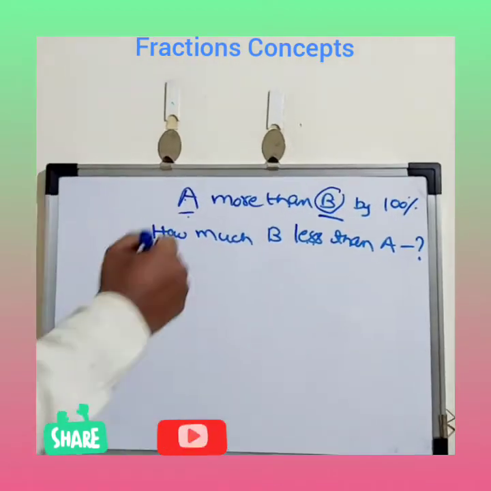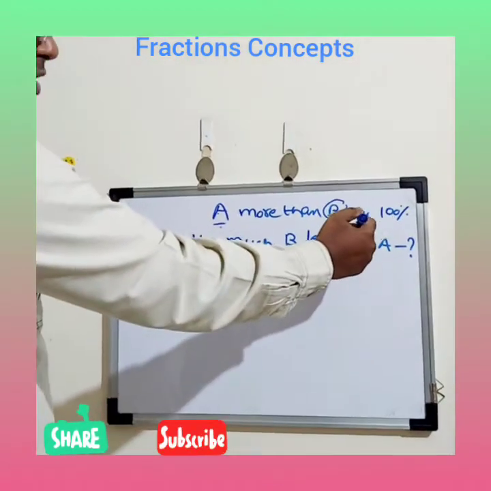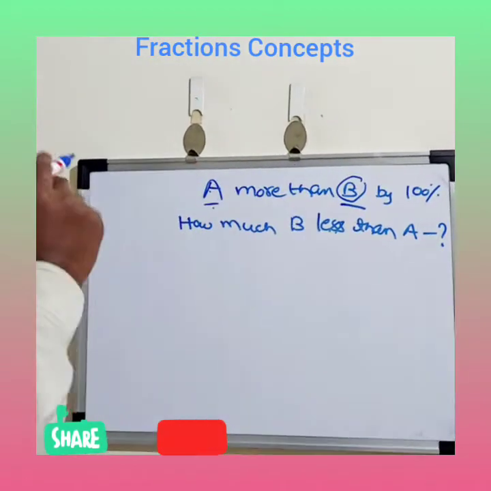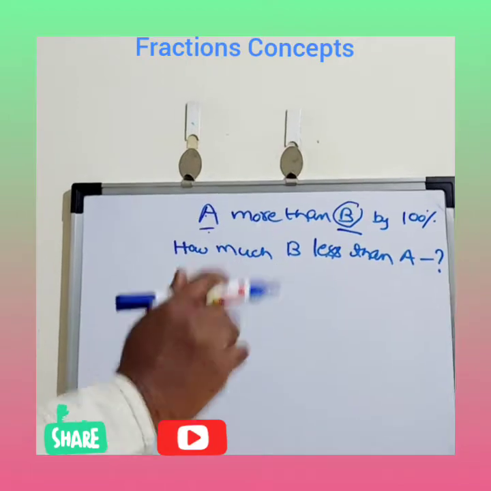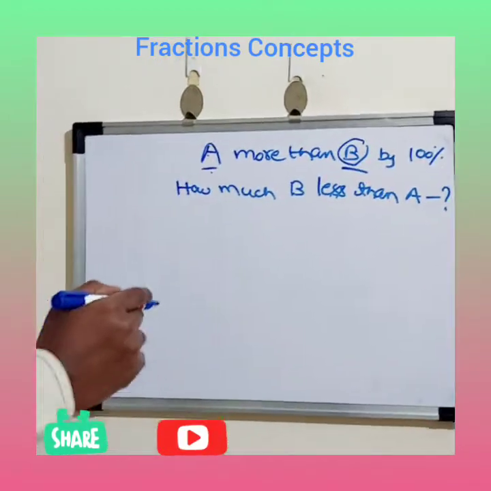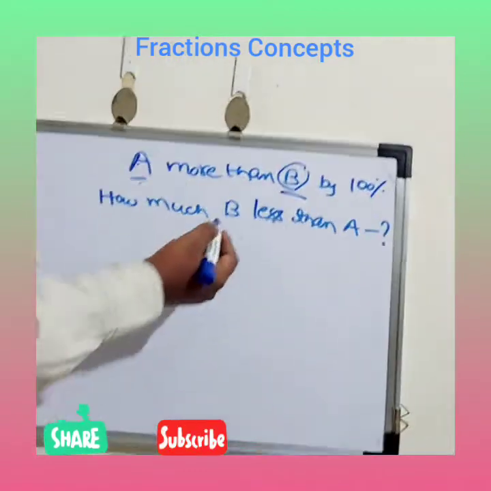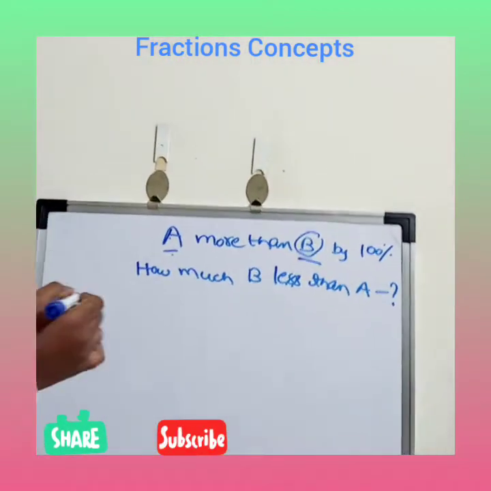When A is more than B by 100%, it is not directly that B is less than A by 100%. There is a difference. So what is the way to find out how much lesser percent B is than A?